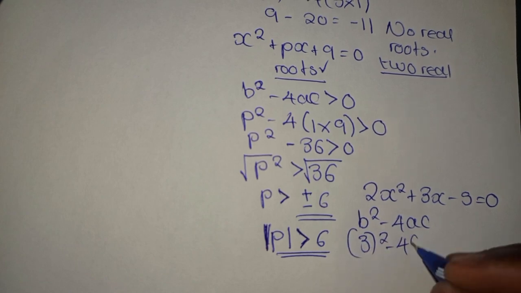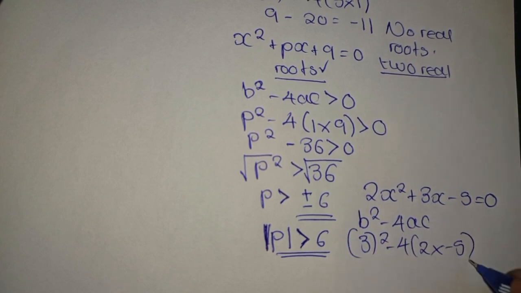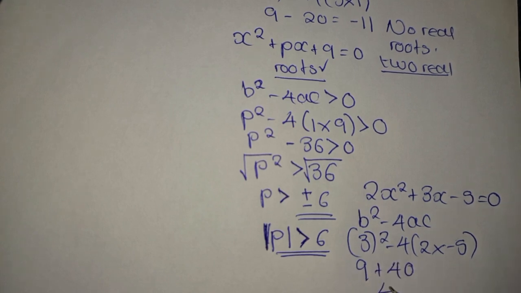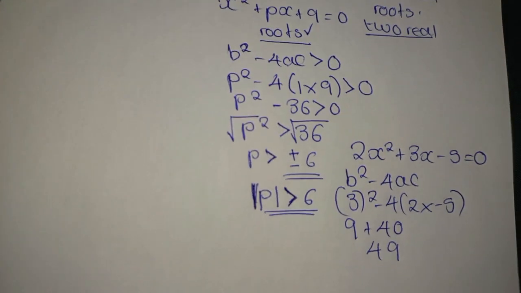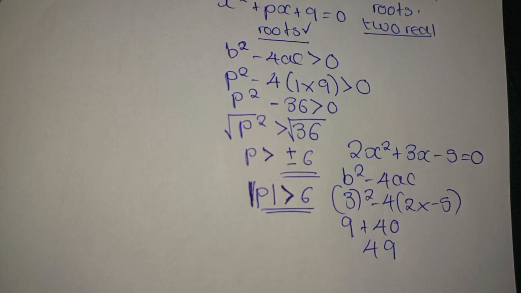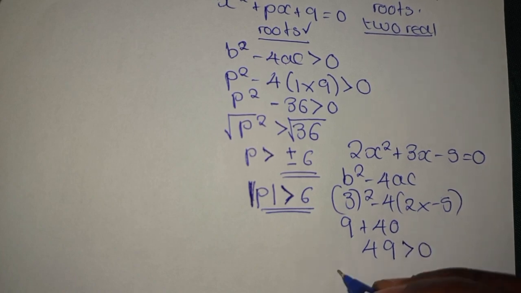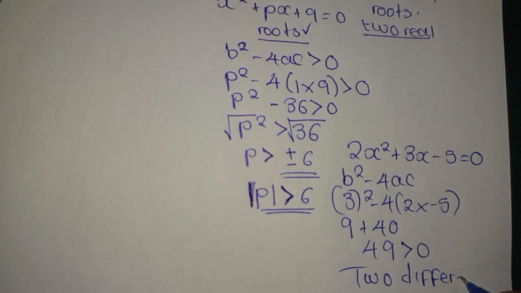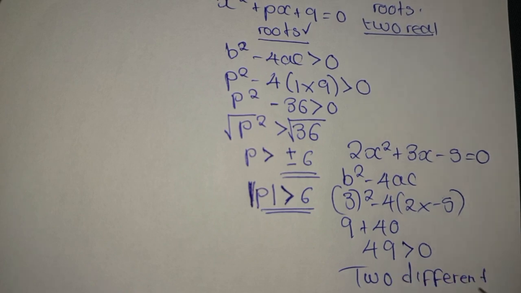So this is what you produce. You have 9 plus 40, giving you 49. And you know that 49 is greater than 0. So if it is greater than 0, then you have two different real roots, because if you were to continue, you will get the square root of 49 to be positive or negative 7.